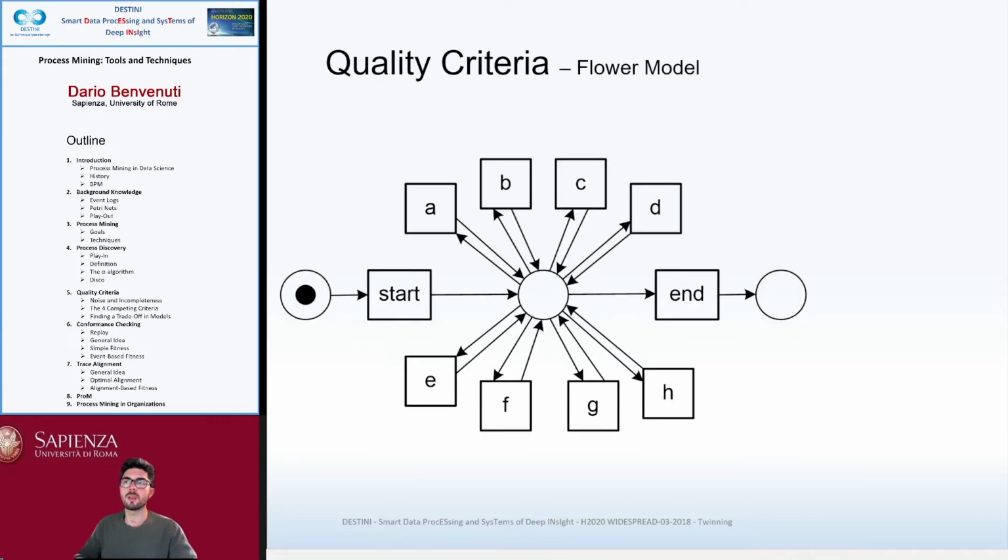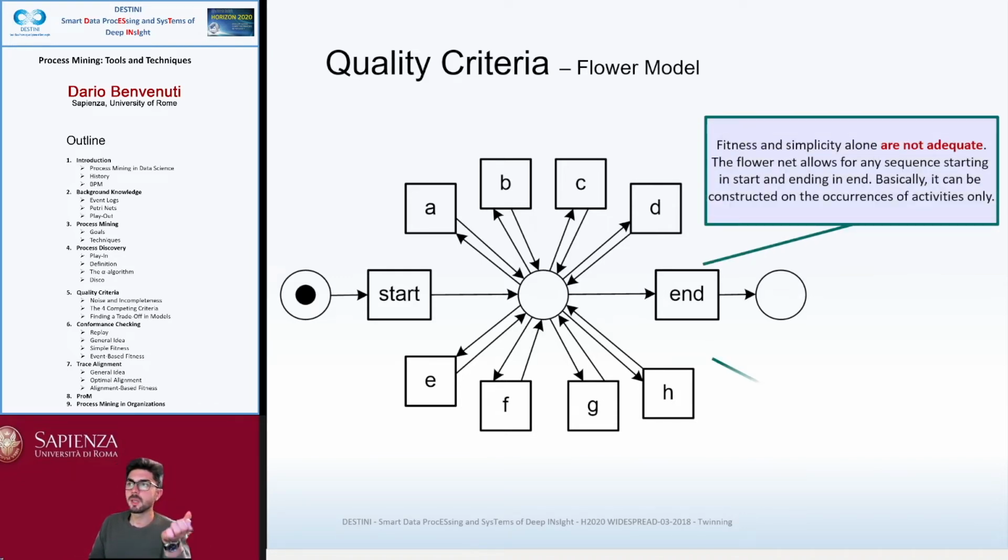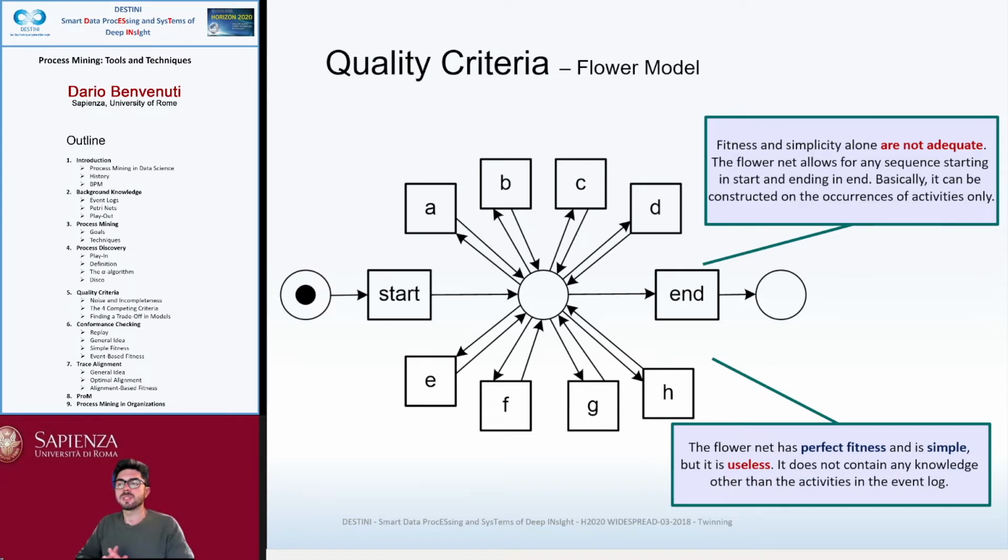And now we can take a look at some very famous models. The first one is the flower model, which is particular since it has a perfect fitness and is very simple, but at the same time it's quite useless. It has only one place from which every activity can be performed.